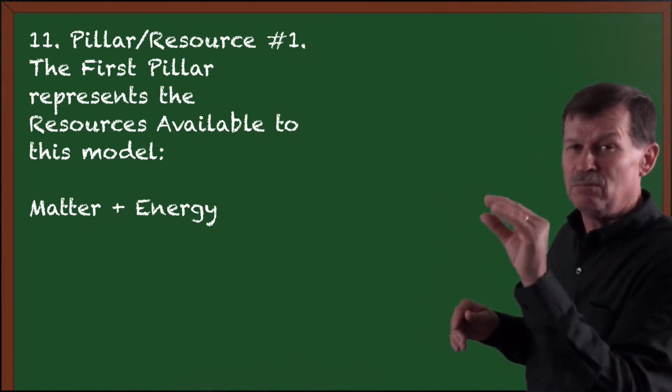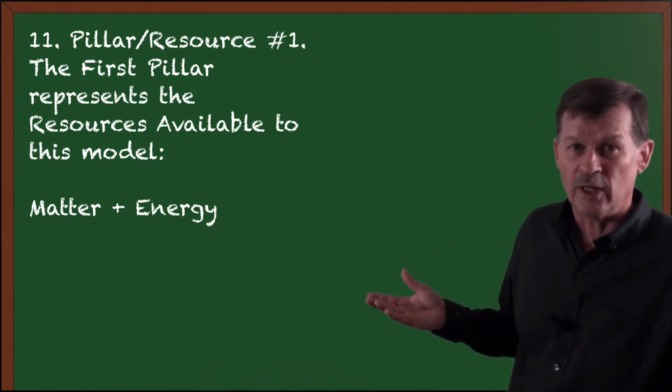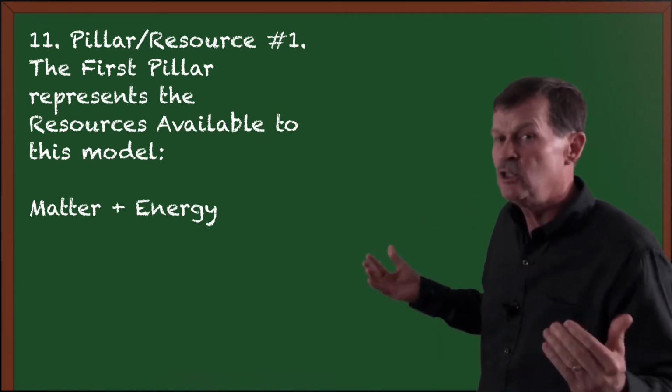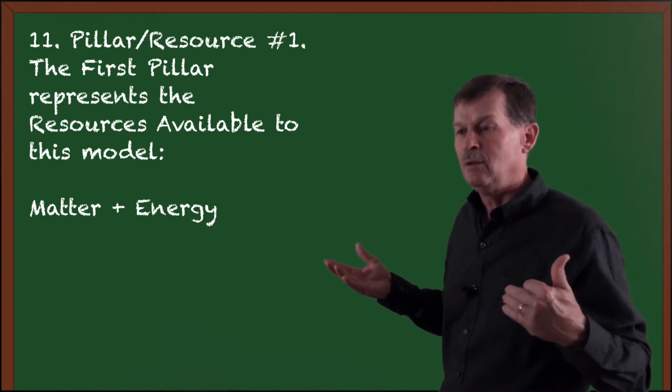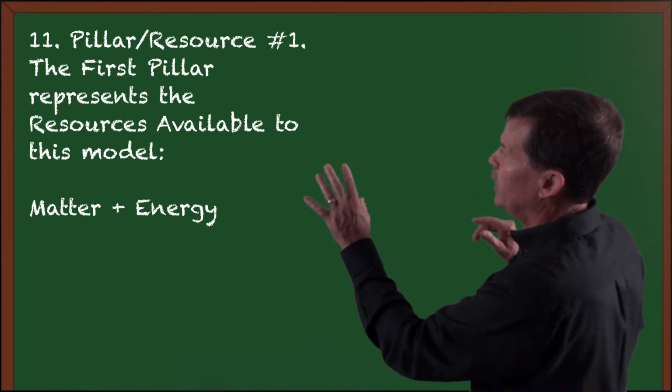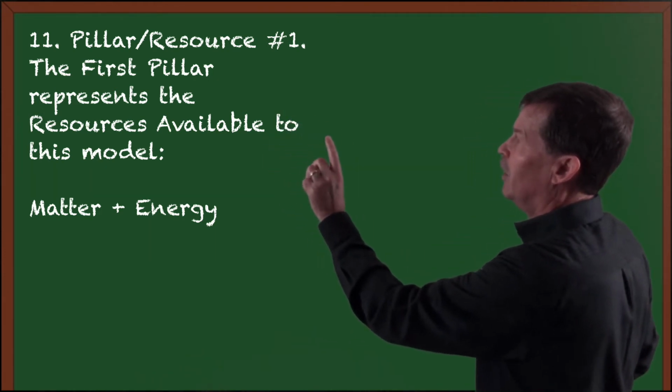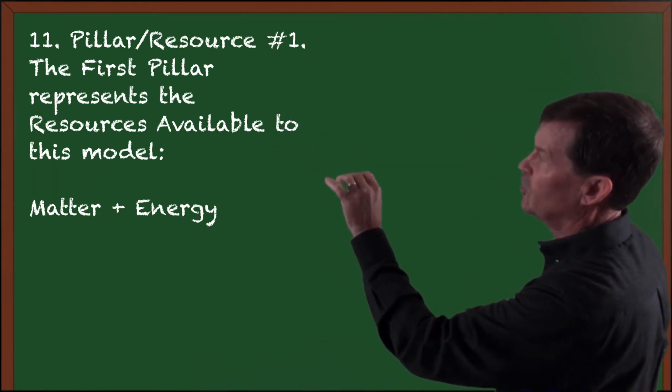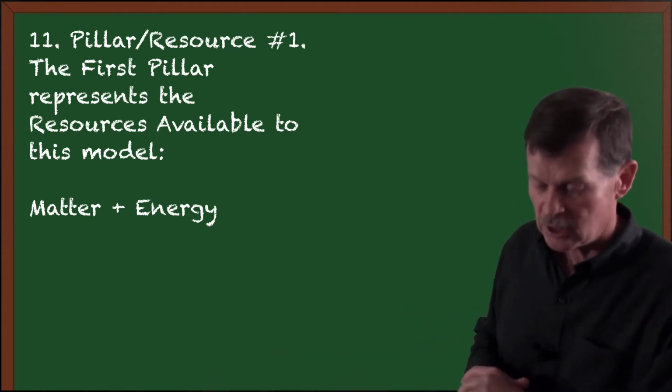Well, that scientific model now, what does it have to work with? What does it have as resources to be explanatory, to explain things with? The number one pillar resource is matter and energy.